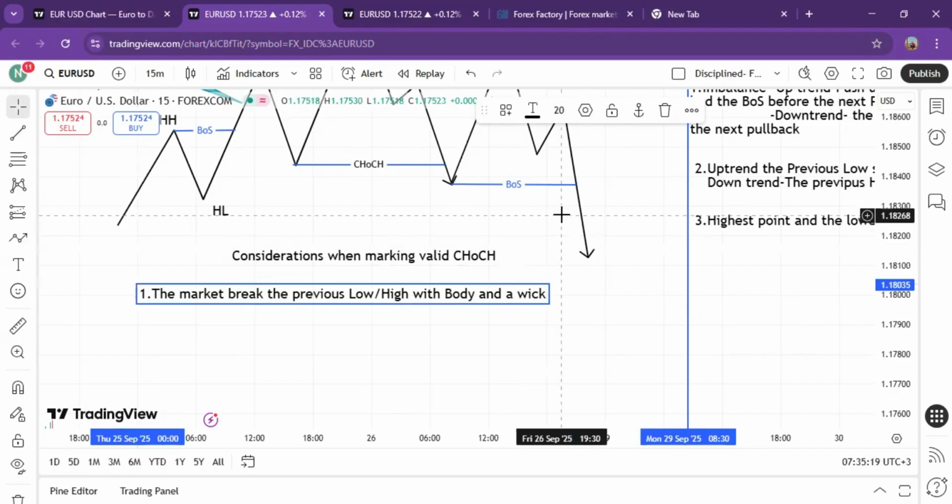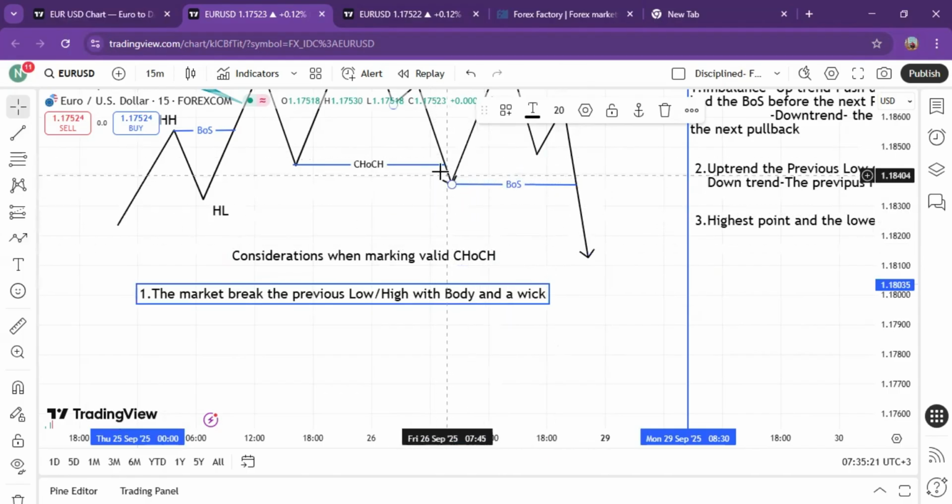So if you find the market just wicked and the body did not close below the line where you have put the change of character, then it means that the market was just sweeping liquidity and we can have a reversal in the market.